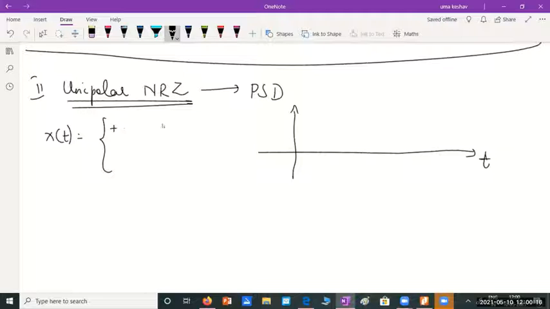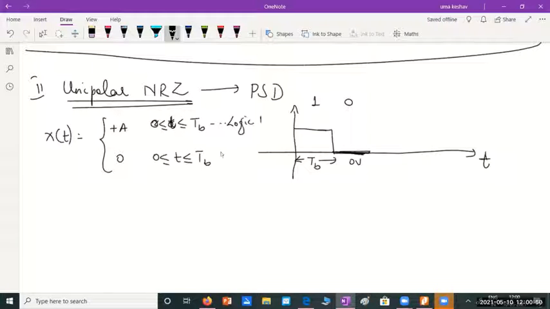It will be represented by plus A for logic 1 or binary 1 in the interval t lying between 0 to TB, and logic 0 will be represented as 0 volts. This is for logic 1 or binary 1. This is for logic 0.